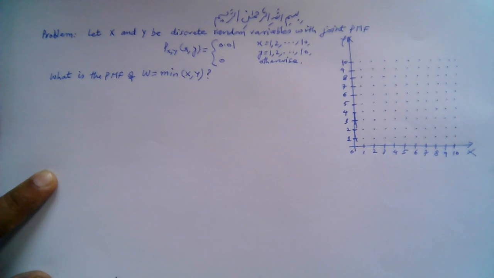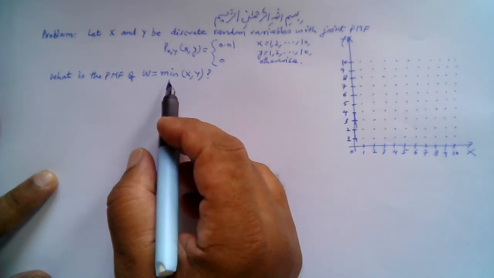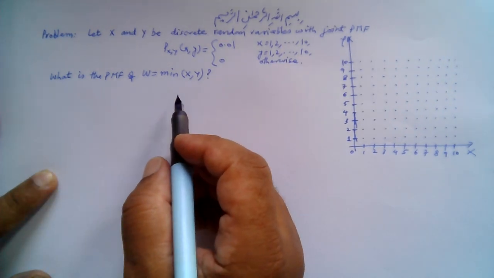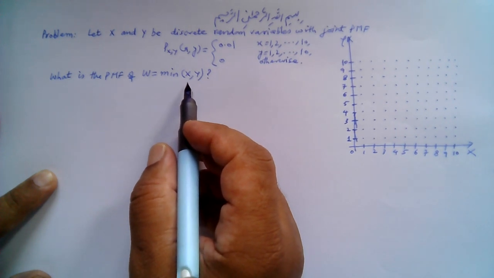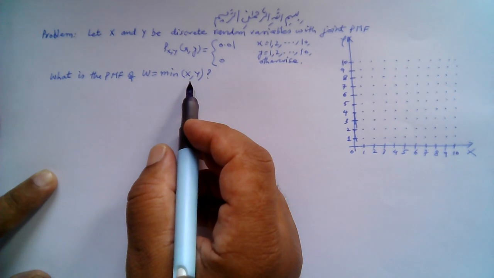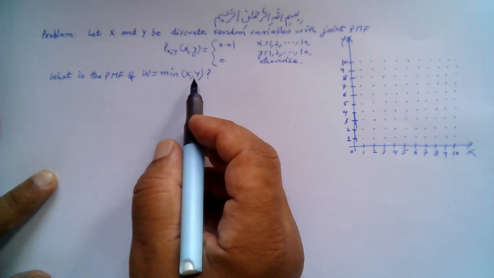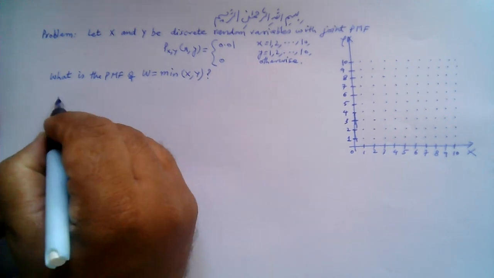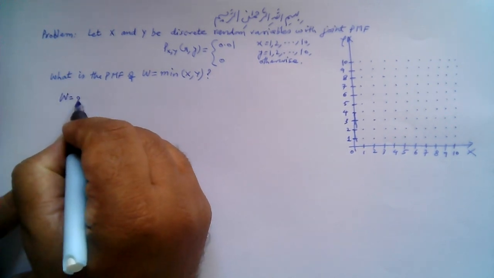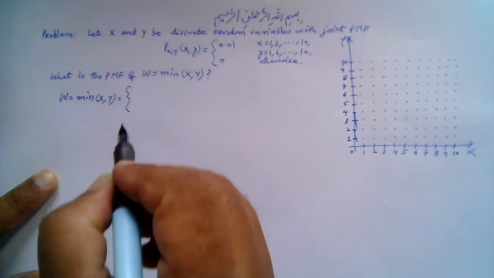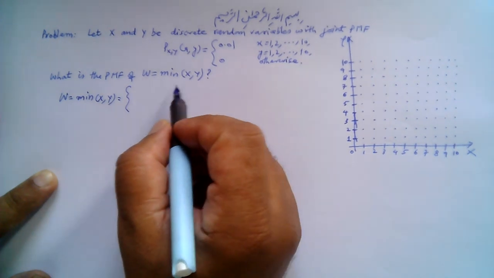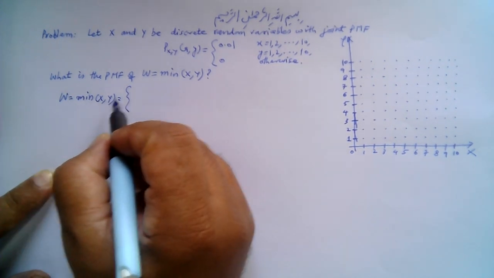So before we begin the solution to the problem, let us explore this function, minimum of x and y. So we have two random variables x and y. If x is, for example, less than or equal to y, we can say that the minimum of the two values is x. So we could actually express this function as: if x is less than or equal to y, then min of x, y will be equal to x.